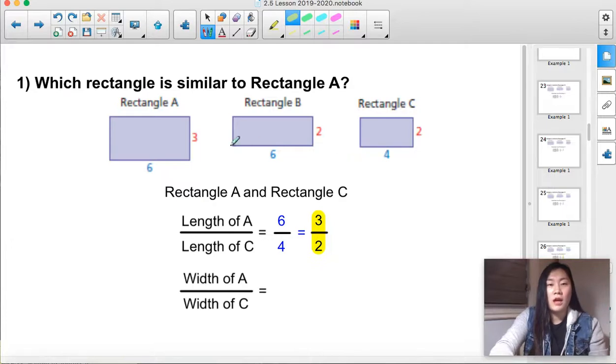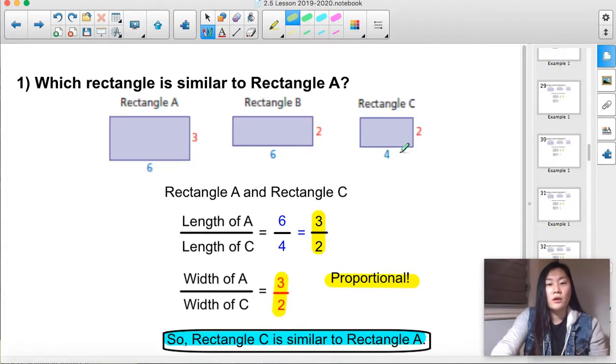And width of A is 3 over width of C is 2, and we can't reduce, but we got the same ratio, and they are proportional. Therefore, rectangle C is similar to rectangle A. And notice rectangle A is bigger than rectangle C, but being similar doesn't mean that the size has to be the same.